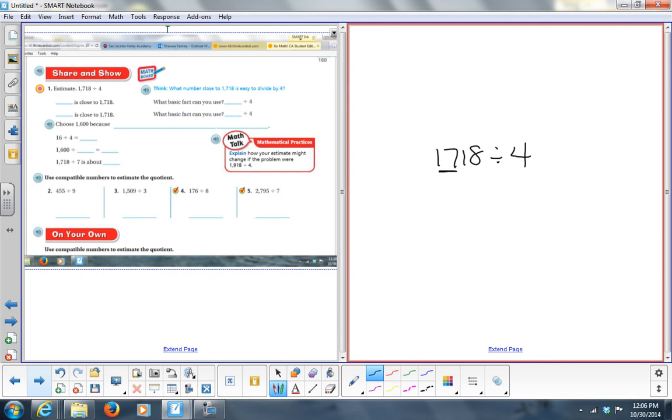So let's go up. So plus 1 is what? 18. There's 4 digits there. Okay, 18, can 18 be divided by 4?